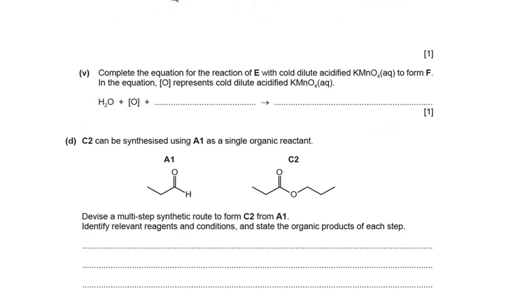Let's go ahead with the next sub question, which says complete the equation for the reaction of E with cold dilute acidified KMnO4 to form F. In the equation, O represents cold dilute acidified KMnO4. So here we need to write the molecular formula of E again, which is C3H5Br. As we know, there were 3 carbon atoms, an alkene group and bromine, so it ends up with 5 hydrogens and 1 bromine, and so it ends up with a diol.